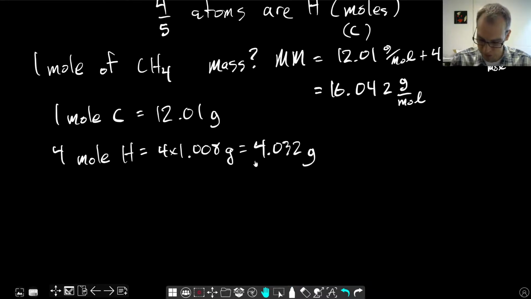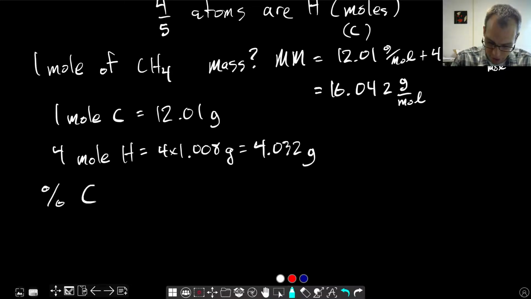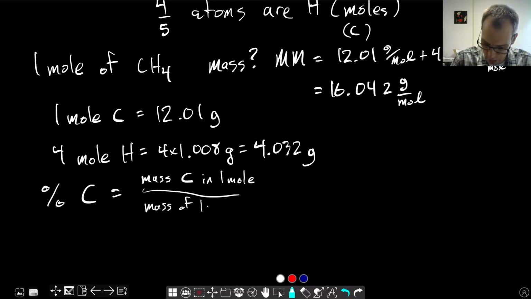And so if we want our percent composition, our percent of carbon will be equal to the mass of carbon in 1 mole divided by the mass of 1 mole of CH4. And then to put it in a percentage, multiply by 100%.